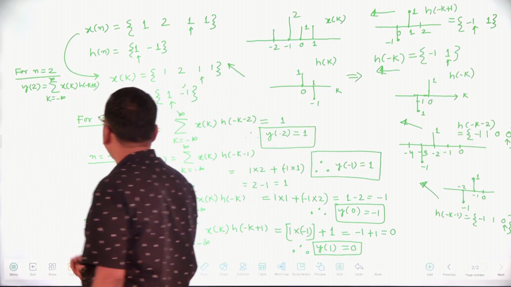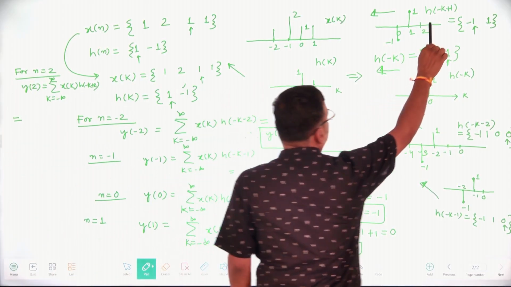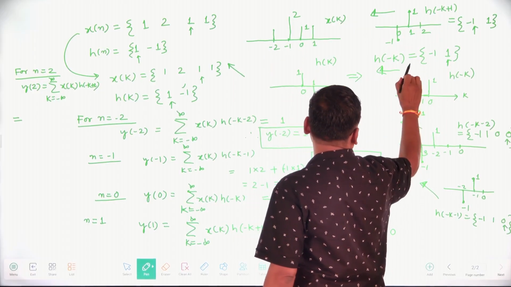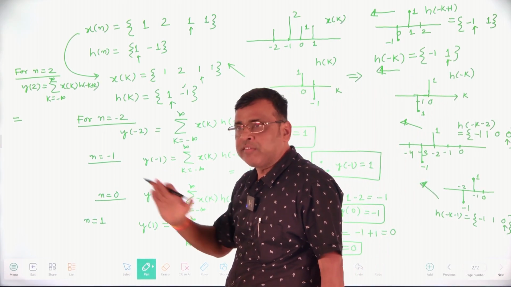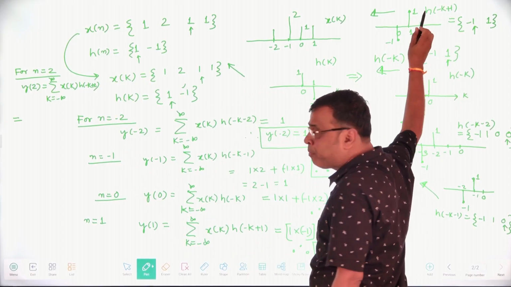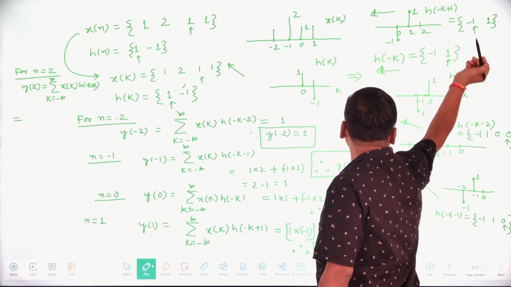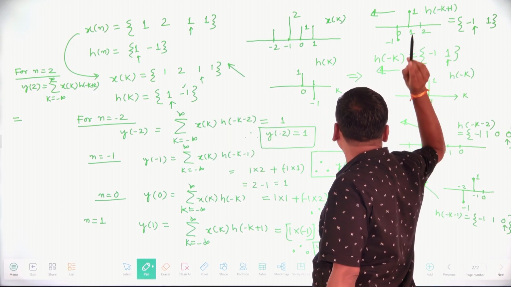So the value is how much here? This is h of minus k plus 1; plus 1 more gives h of minus k plus 2. If h of minus k is here, minus k plus 2 means advance: each sample is shifted to right by 2 units from h of minus k. From h of minus k plus 1 only 1 more, because already shifted 1 sample. Again if we shift the samples by 1 unit, it becomes h of minus k plus 2.